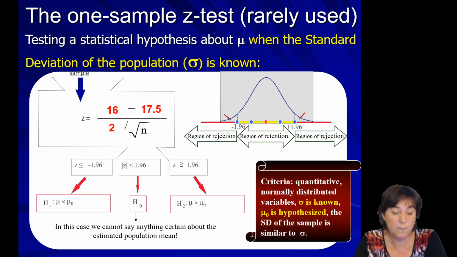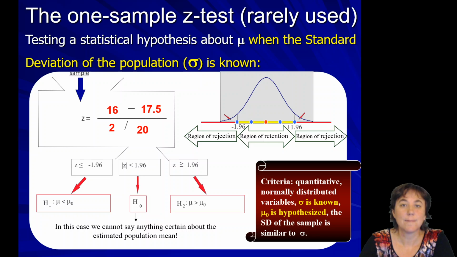Sigma was 2, and so was the standard deviation of the sample, and the square root of the 400 subjects that the data was taken from is 20. So if you do this calculation, it's 1.5 divided by 0.1. It's going to become a really high number, 15. Okay, so the result here is 15.